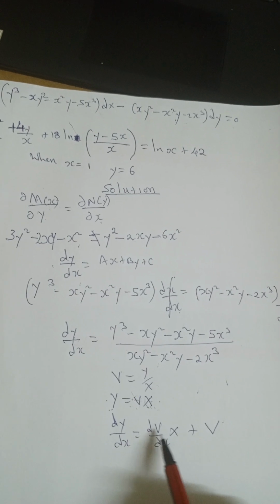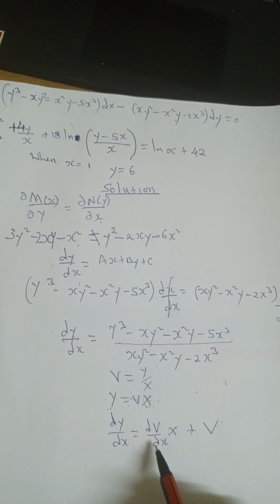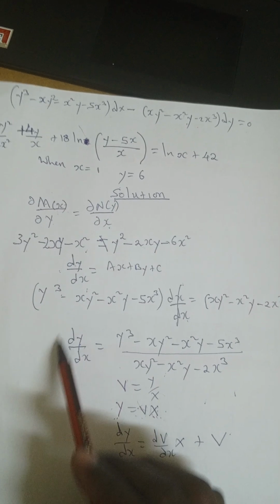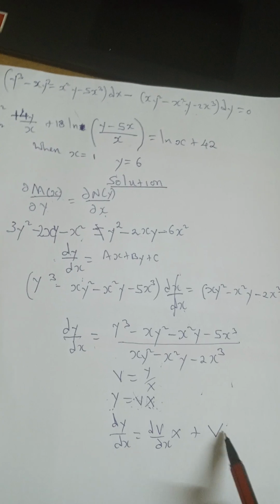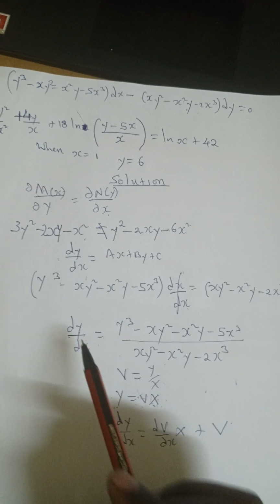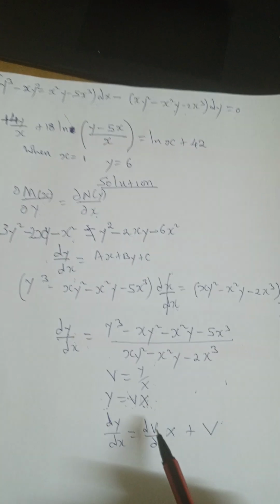So x multiplied by dv/dx plus v is the same as dy/dx. So we are going to replace this where there is dy, so that we eliminate dy and introduce dv.